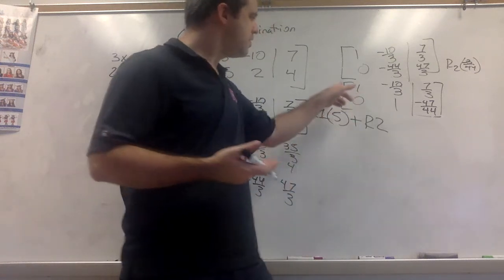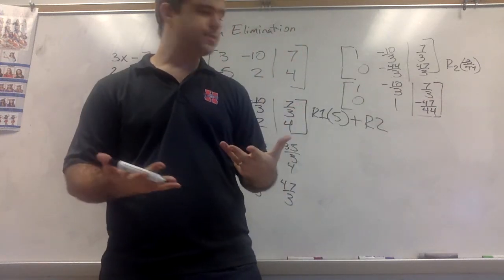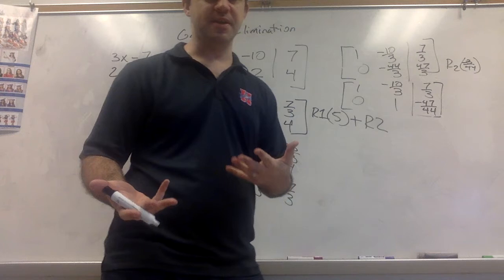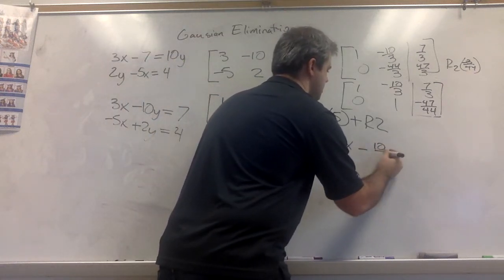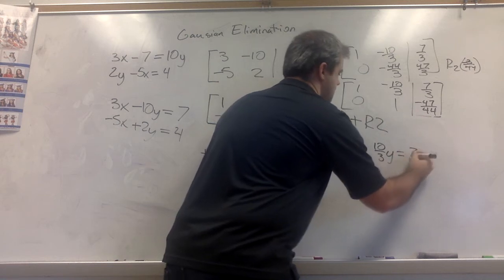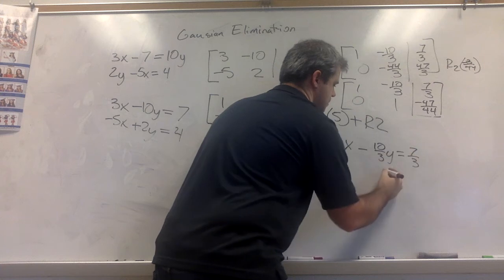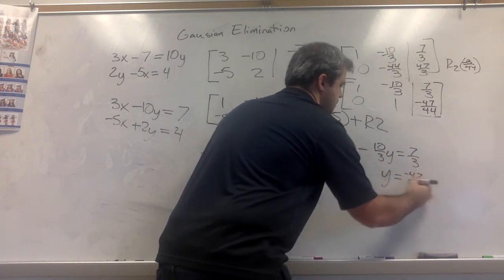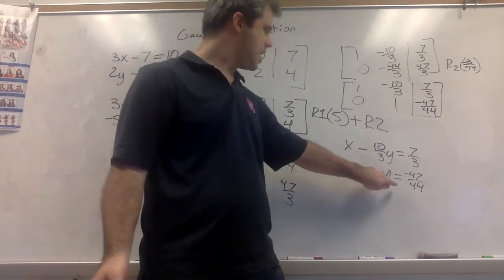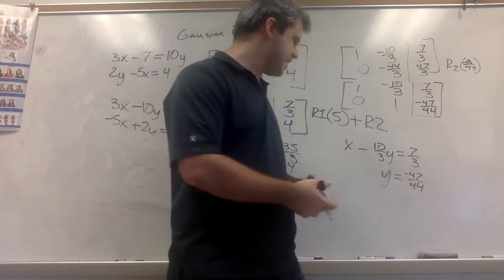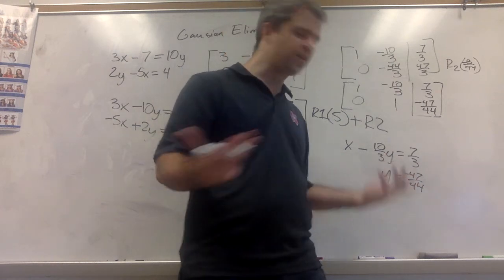Now, this may look gross to you, but we have good news. If I was to rewrite this as a system of equations, because I have all zeros and a 1, that means that this is just y. So we've solved our y.